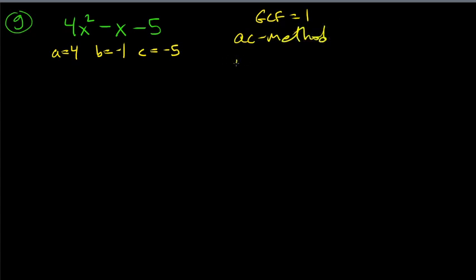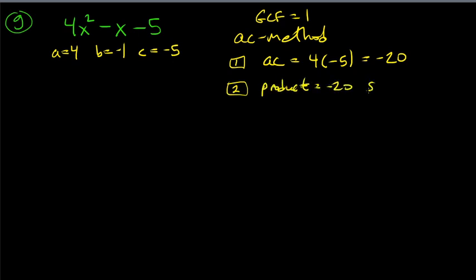Okay. So the first part is to multiply A times C. 4 times negative 5 is negative 20. Step 2. What 2 numbers multiply to negative 20 and have a sum of negative 1? Okay. I hope the answer is obvious. It's this one right here.